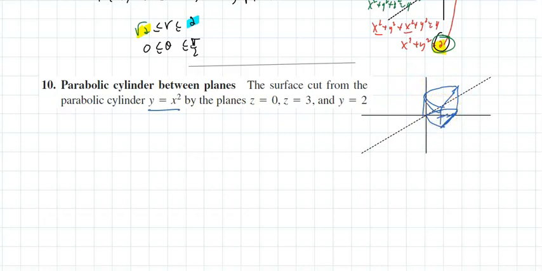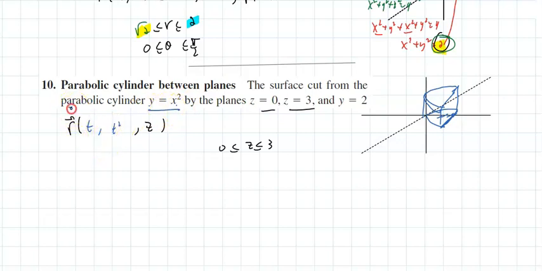Right? Well, I could say in this case, look, z is fixed. So I could let z run between 0 and 3. Use cylindrical coordinates. I'm sorry, not cylindrical, yes, cylindrical coordinates. And I could say, look at this, let this be t. If x equal t, doesn't y equal t squared?